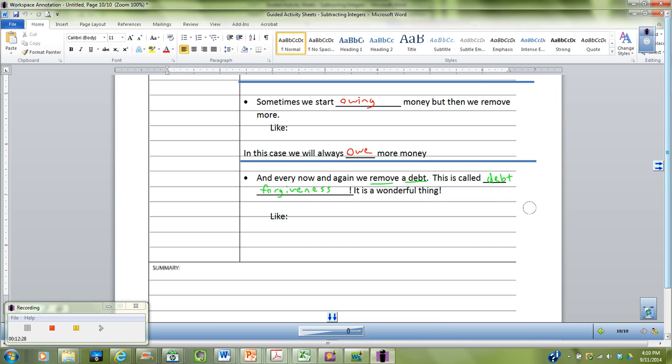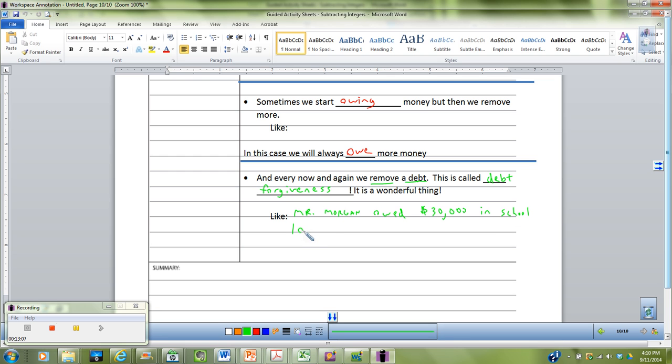Okay, so let's look at a situation, and as a teacher, the situation I'm going to share here is, as a teacher, I got loan forgiveness about a year ago. That's pretty much loans that I would have to pay, but then they said, you know what, you don't have to pay this certain amount. And let's see how that affected my overall debt. So here we go. Mr. Morgan, that's me, Mr. Morgan owed $30,000 in school loans.